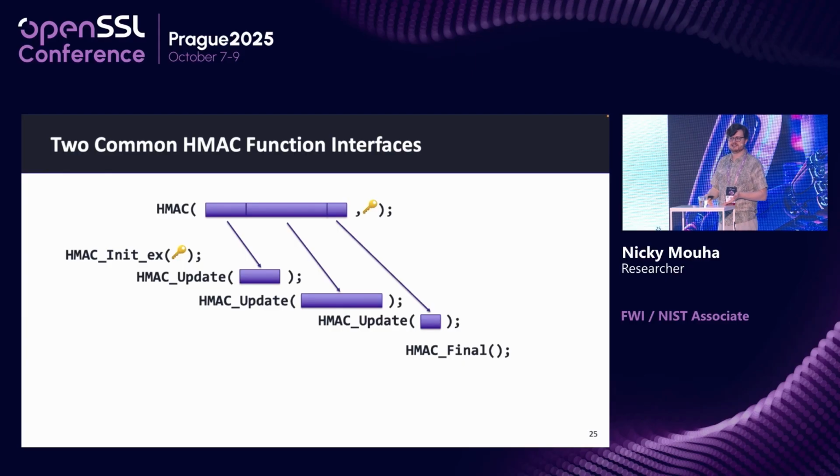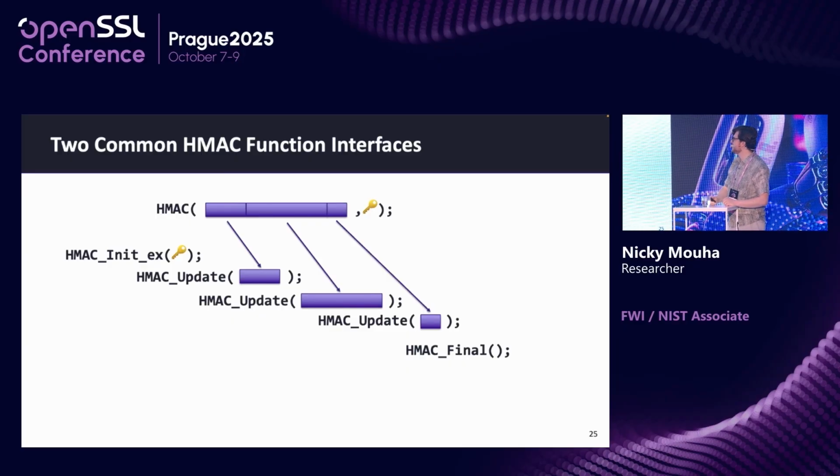HMAC is basically the keyed version of a hash function, used to compute a message authentication code, or a MAC. But there's also an interface to use HMAC init, which is how it's called in OpenSSL. HMAC init is deprecated. Then HMAC update, and finally HMAC final to compute the final HMAC value.